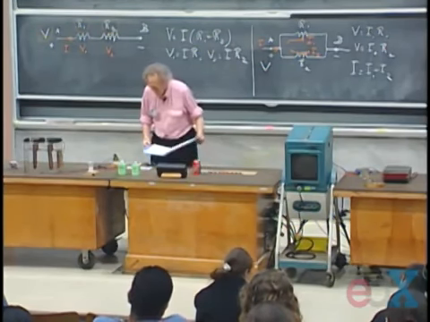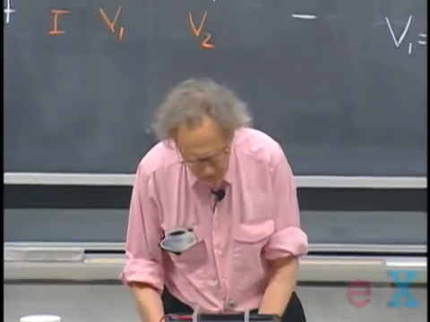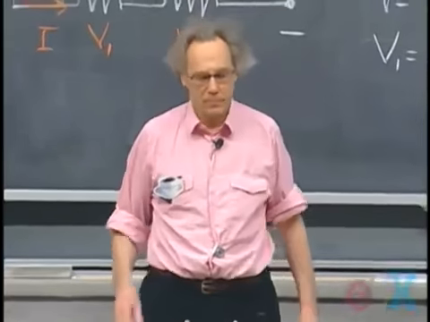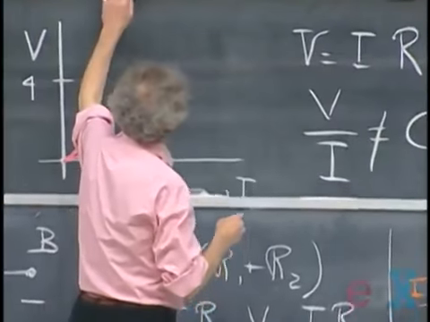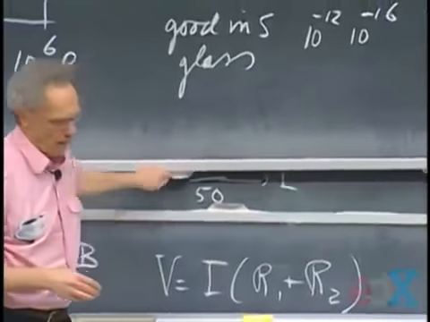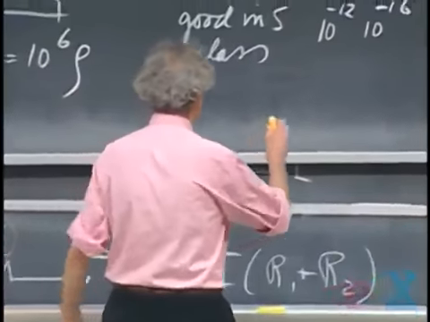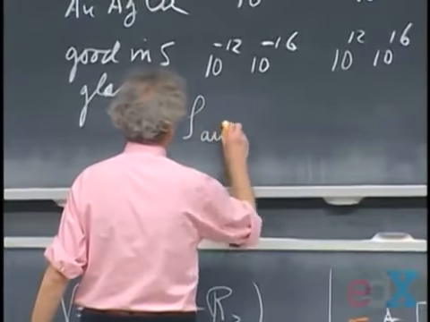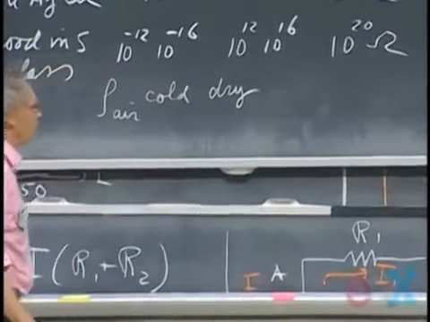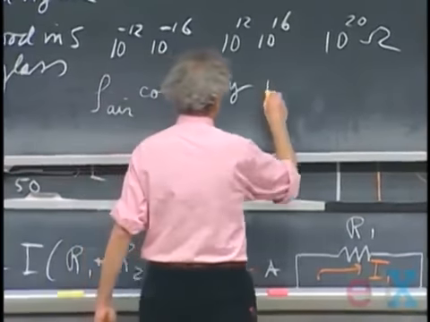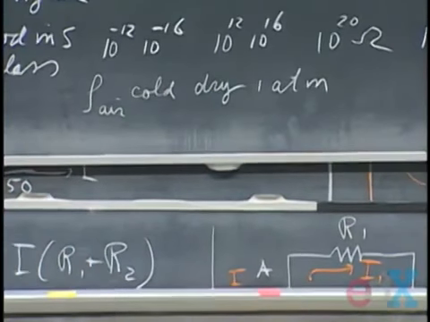The conductivity of a substance goes up if I can increase the number of charge carriers. If we have dry air and it is cold, then the resistivity of cold, dry air at 1 atmosphere, so rho for air, cold means temperature that we have outside, is about 4 times 10 to the 13.